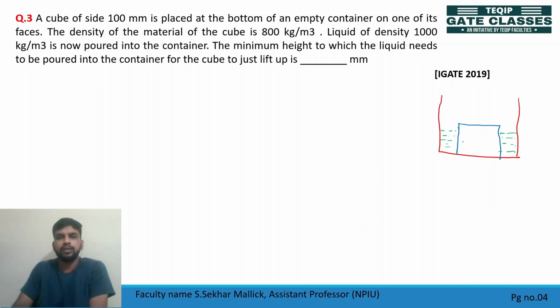Okay, the minimum height to which the liquid needs to be poured into the container for the cube to just lift up. जब ऊपर चला जाएगा तो नॉर्मल रिएक्शन कुछ लगेगा क्या?